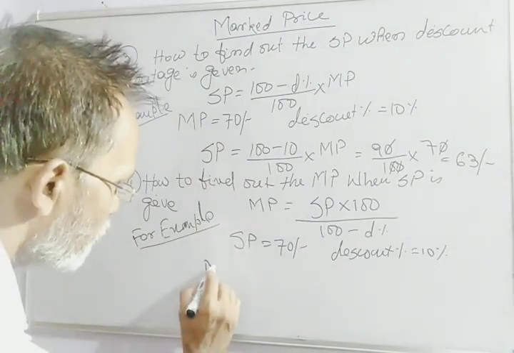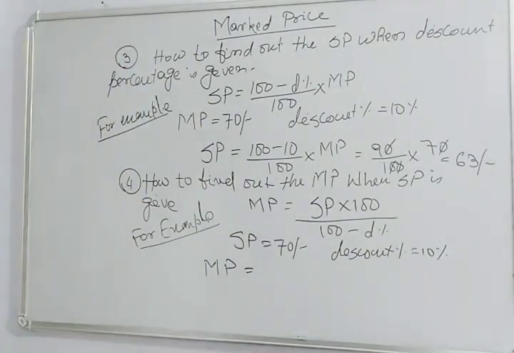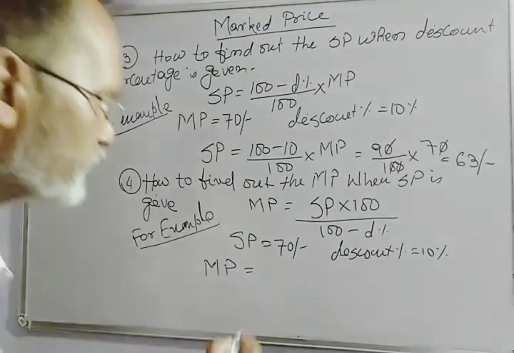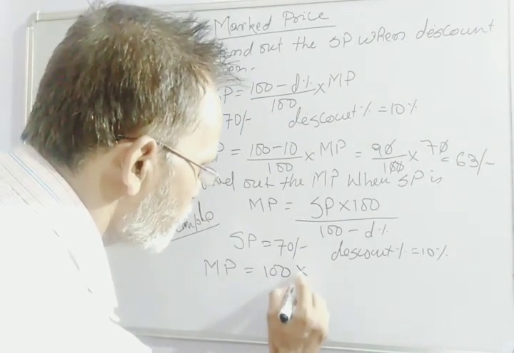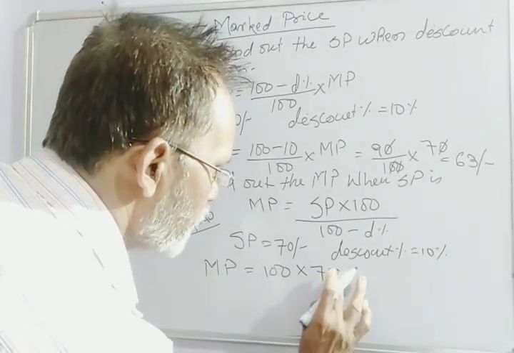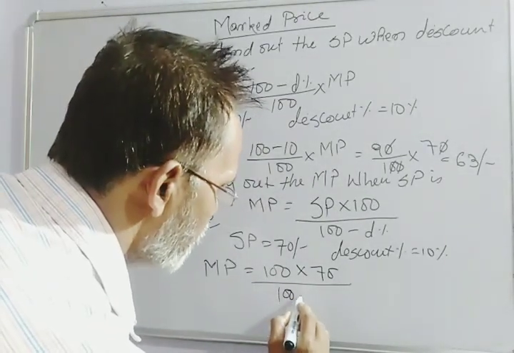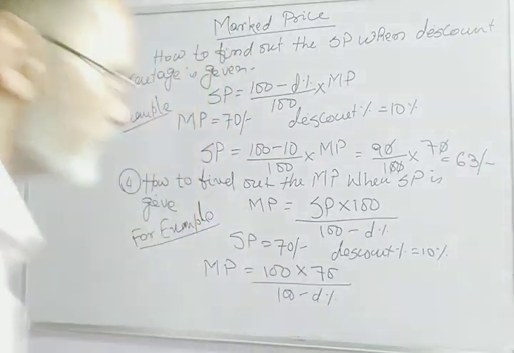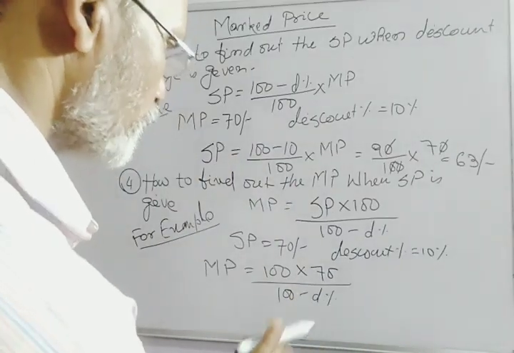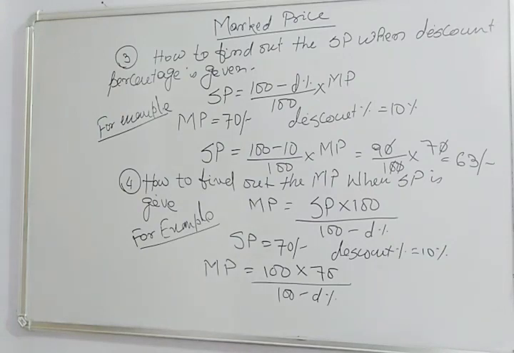So mark price is equal to 100 into selling price by 100 minus discount percentage.